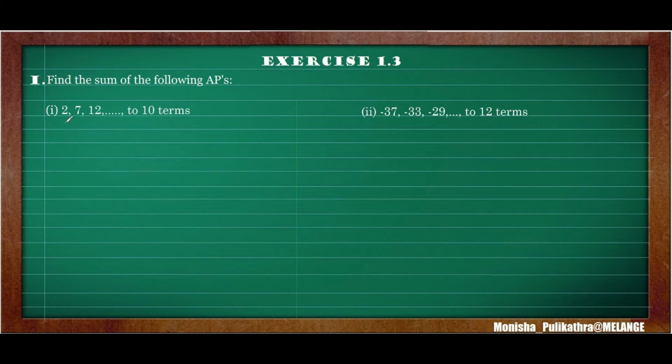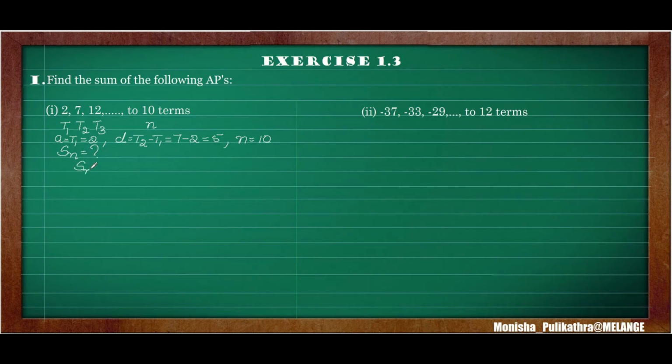So this will be T1, T2, T3 and this will be N. Here A is equal to T1, that is 2, and D is equal to T2 minus T1, that is 7 minus 2, that is 5. Next N is equal to 10. Here we need to find SN.